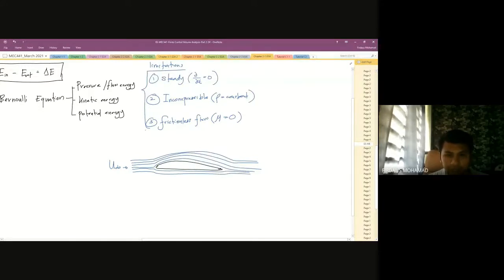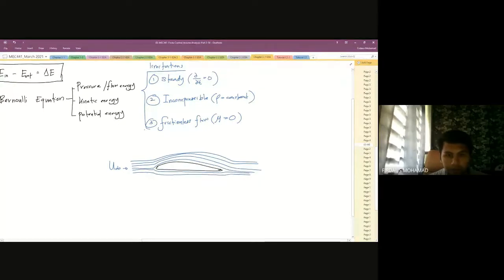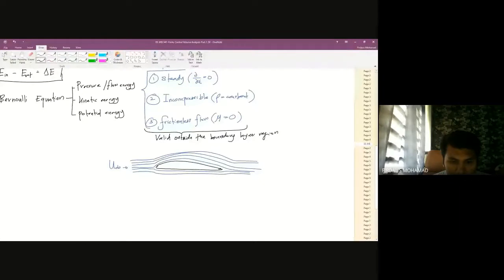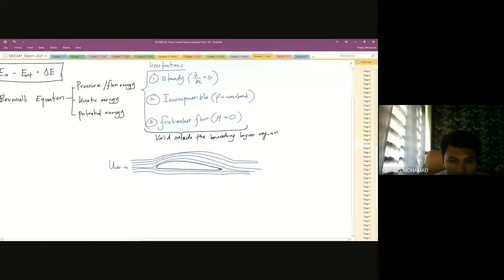Okay, so where is the boundary layer region? The boundary layer region is close, very near to the wing, near to the wall.